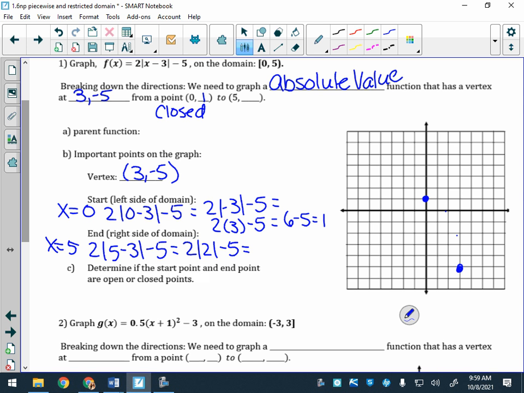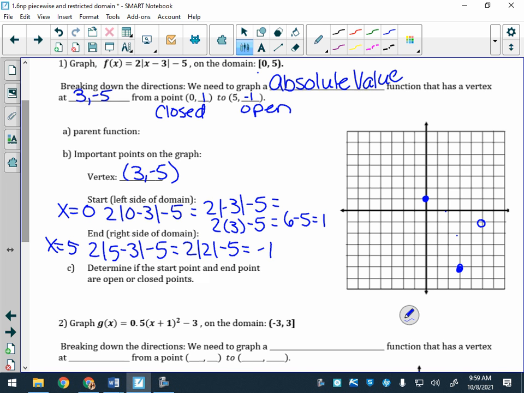Good. So we have 5, negative 1, which is this one going to be open or closed? Open. Good. Because it's a parenthesis. It's a bracket and parenthesis right here. Bracket, parenthesis. Okay.